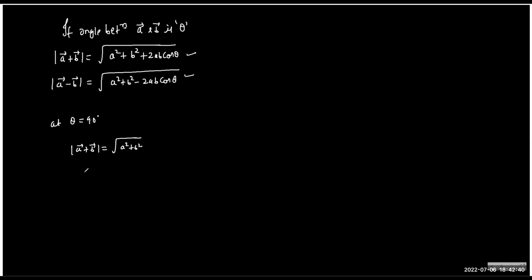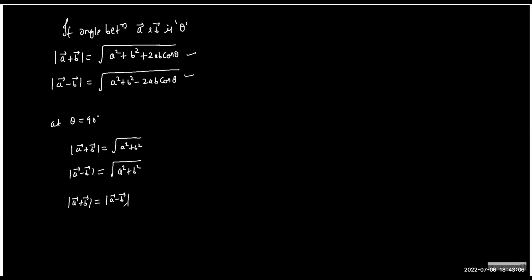You can just use Pythagoras, don't use the formula at all. And the mod of A minus B is also the same, Pythagoras. Both values are the same, which simply says that in case of a right angle, the A plus B modulus is the same as the A minus B modulus.